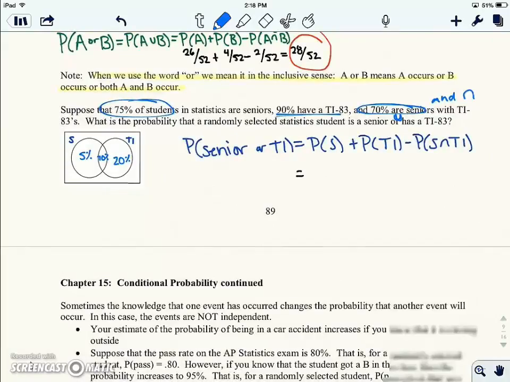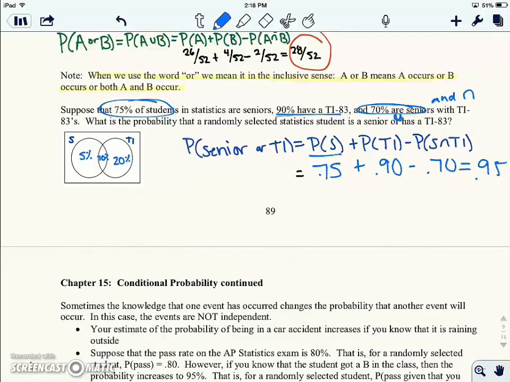So then we just have to fill it in. Probability of being a senior is 75%, plus the probability of having a TI, which is 90%, minus the overlap, and we get 0.95, or 95% chance that if you randomly picked a student out of this population, they would be a senior or have a TI-83.